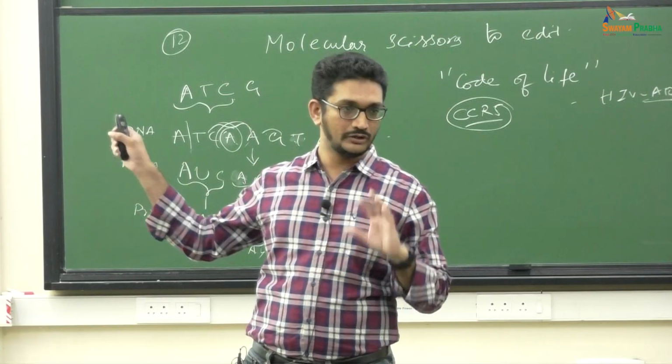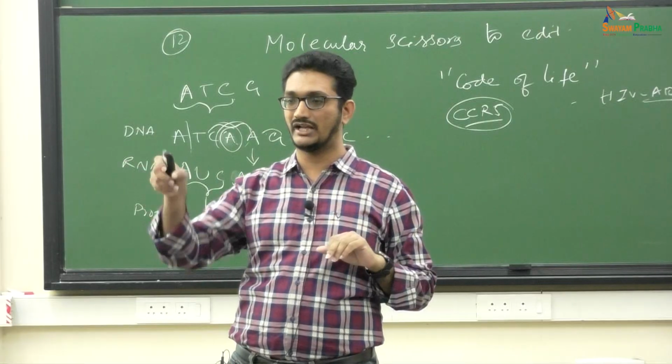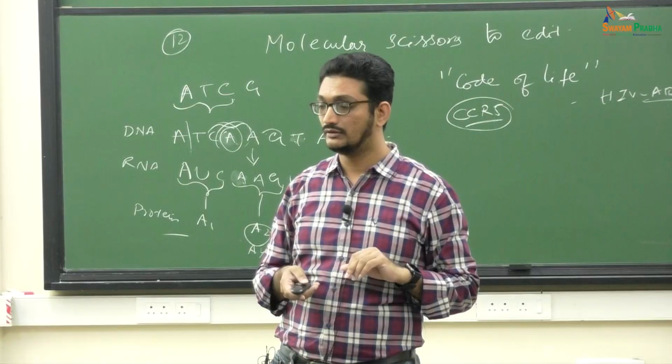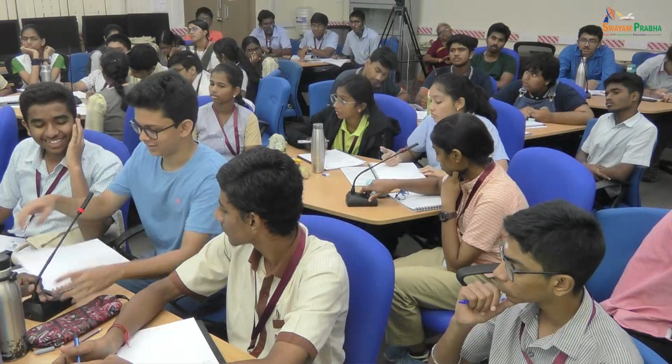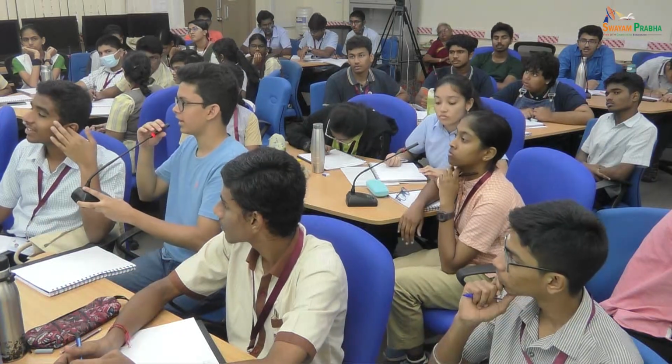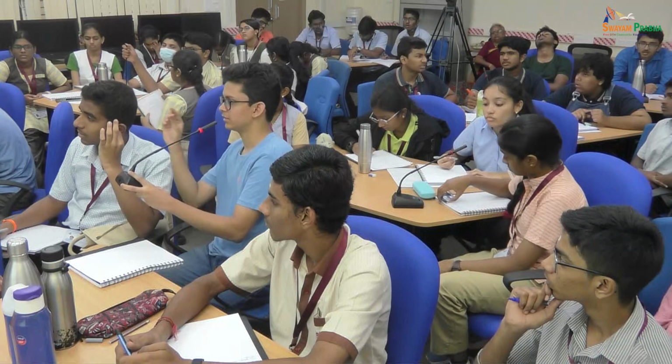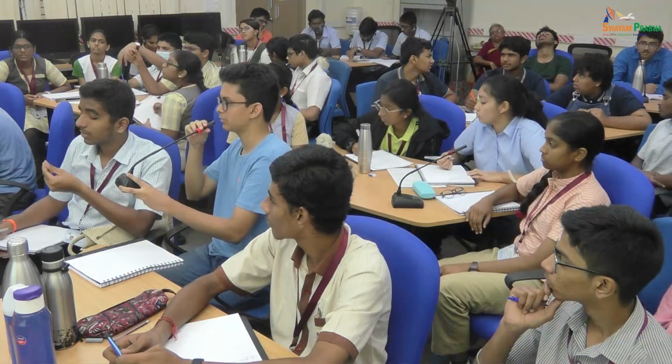We are going to talk about that system, but before that, somebody had questions here. What if the ligation genes are self-cleaved? Sorry, say that again. The enzymes are made from genes, right?